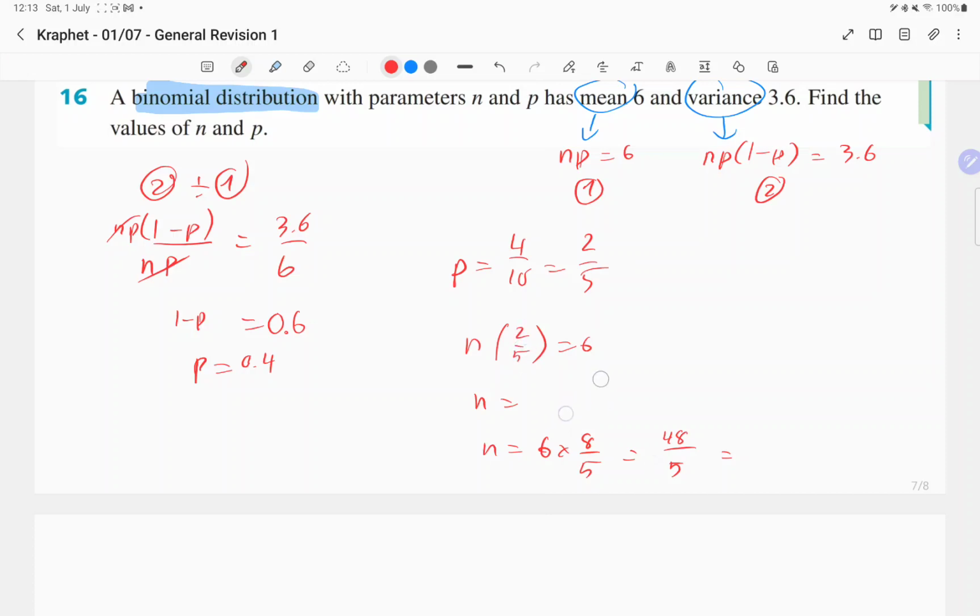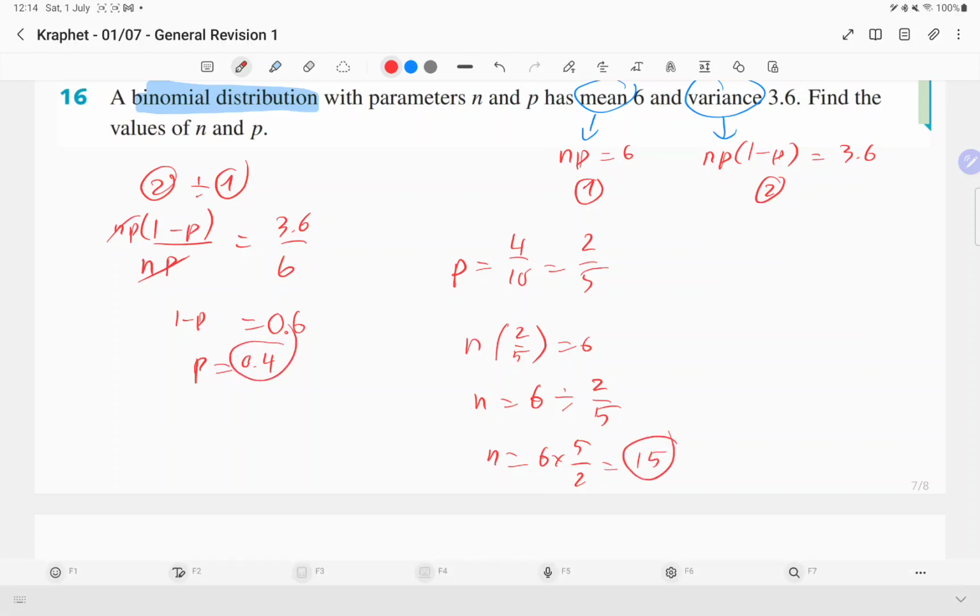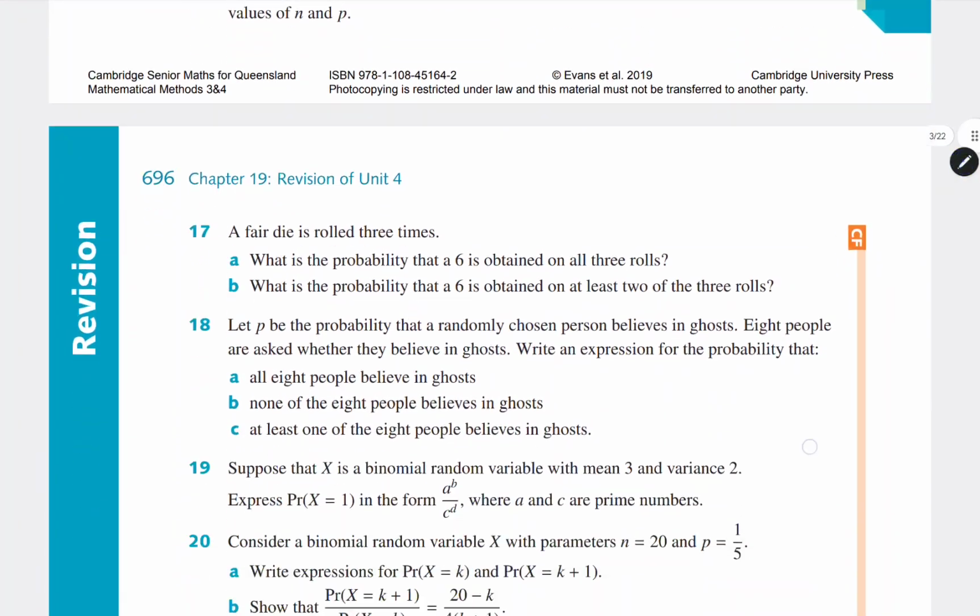That's better, so n is not a weird fractional number. So n would be 6 divided by 2 on 5, which is times by 5 on 2. That'll be 30 divided by 2 is 15. That's better. 0.4 and 15, n and p.